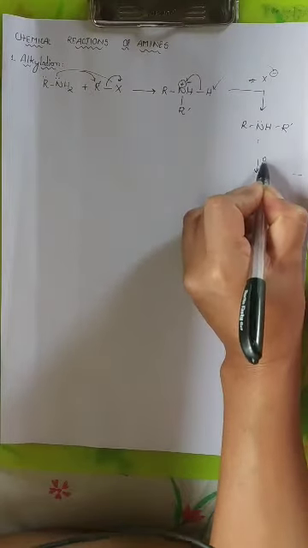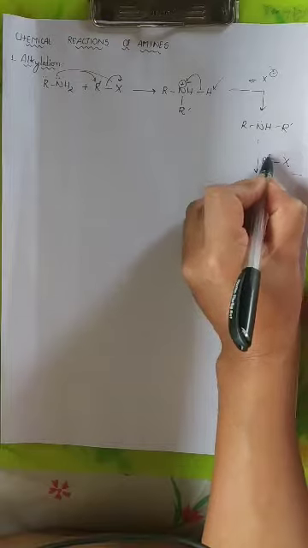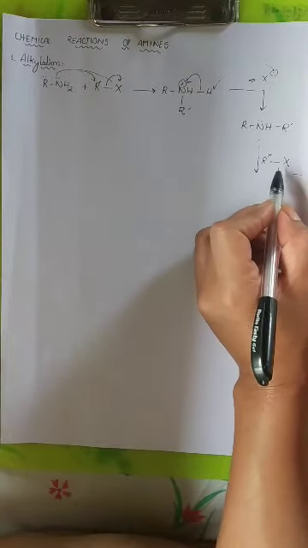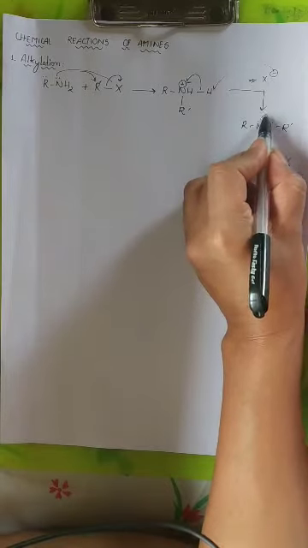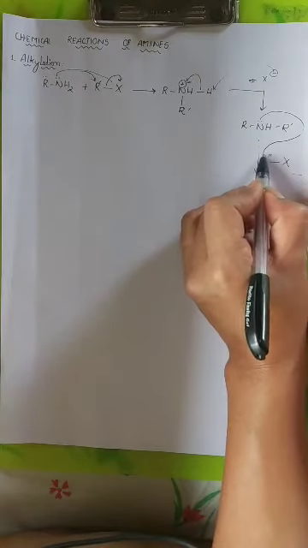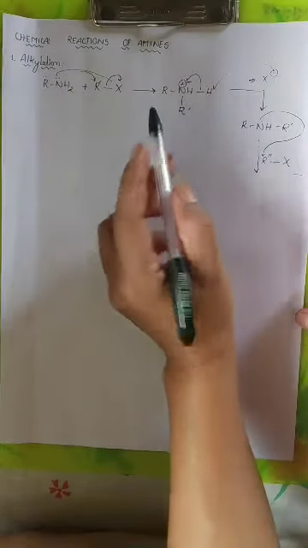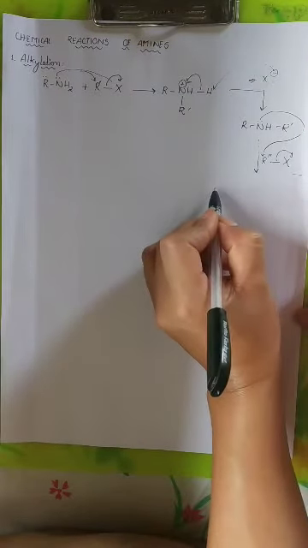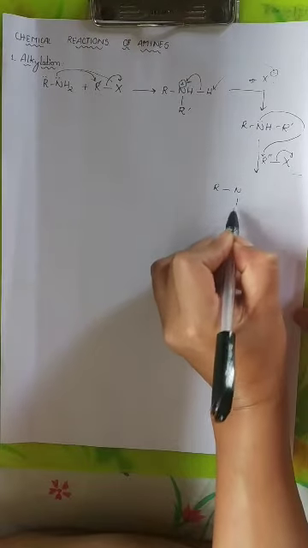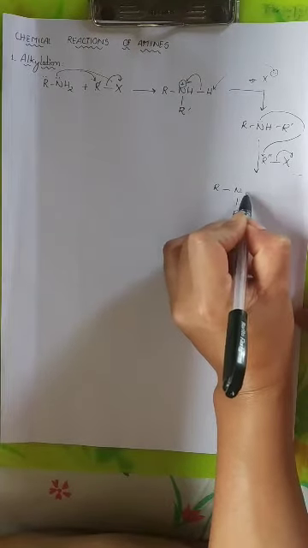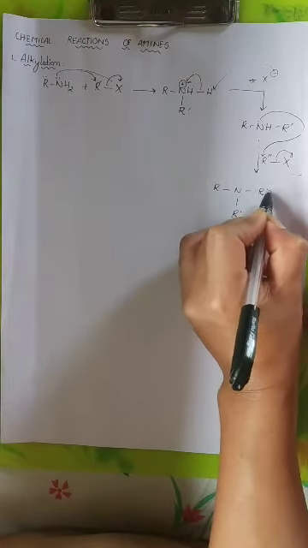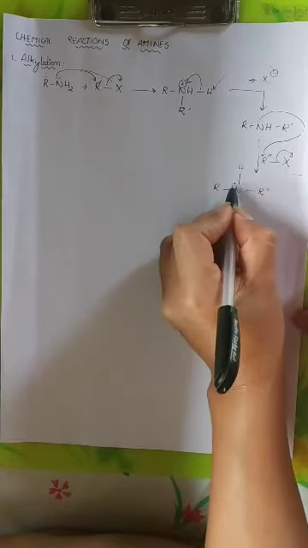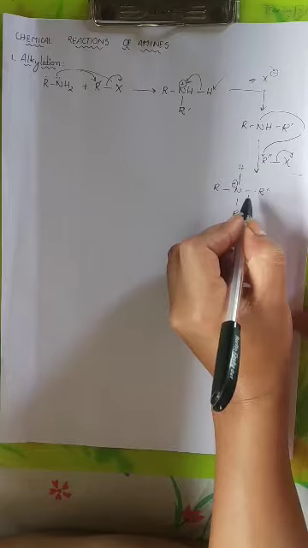Now, this is the secondary amine. If another molecule of alkyl halide reacts within the solution, then the lone pair on the nitrogen atom attacks the same way as it occurred in the first step, and then the halogen along with the bonding electrons will leave. Therefore, we will be getting R, our first R is here, and then the second R, and then we have one H. Now, a positive charge will be here.